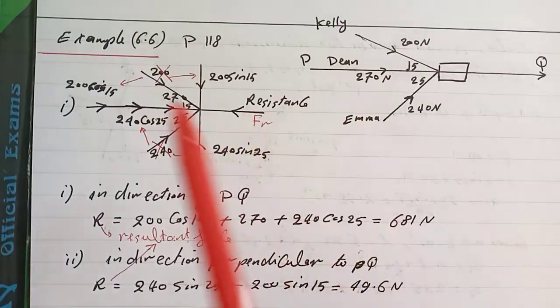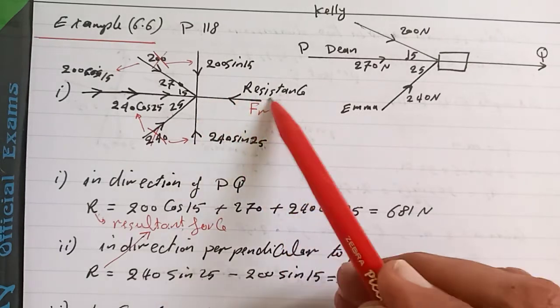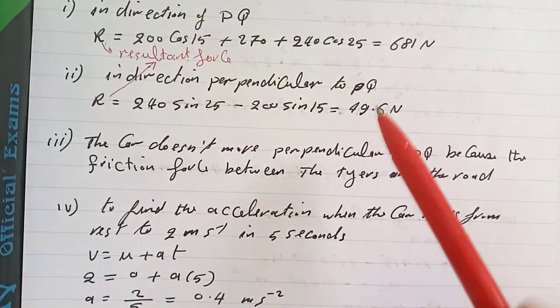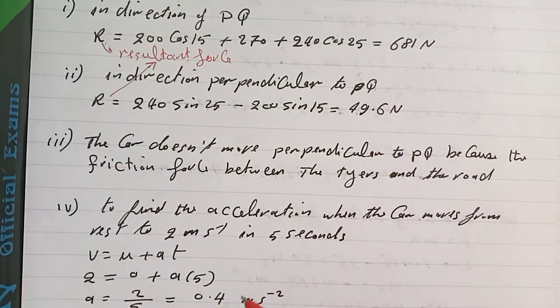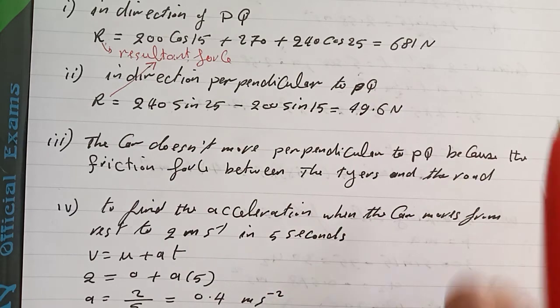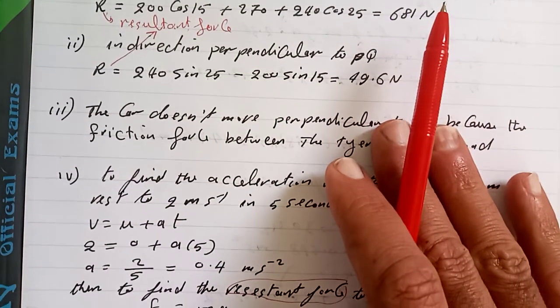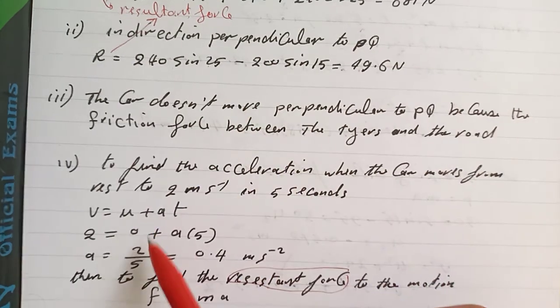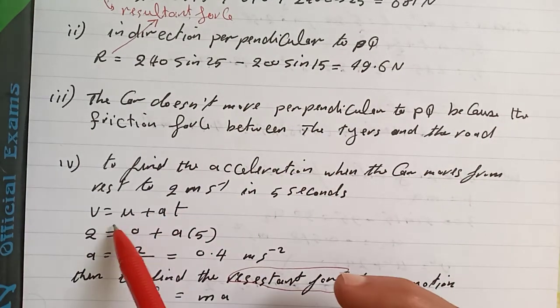So I can say that the sum of these forces minus this force, FR means F resistance, equals MA. But before getting that, I have to get the acceleration of the movement. To find the acceleration of the car, apply this rule: V equals U plus AT.